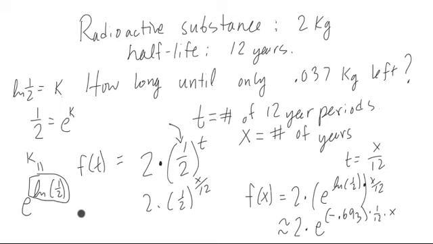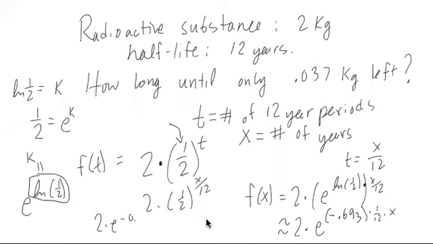So it's about 2 times e to the negative 0.058 t, and we're done.